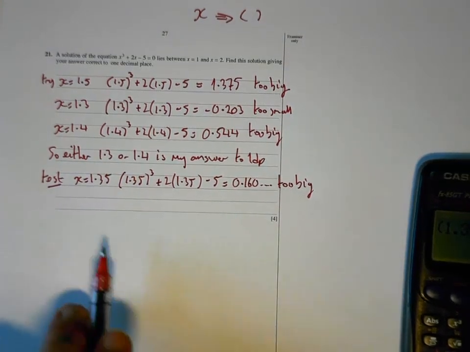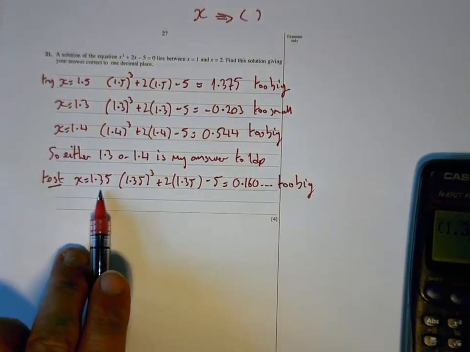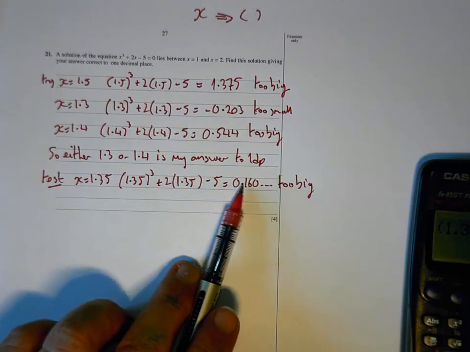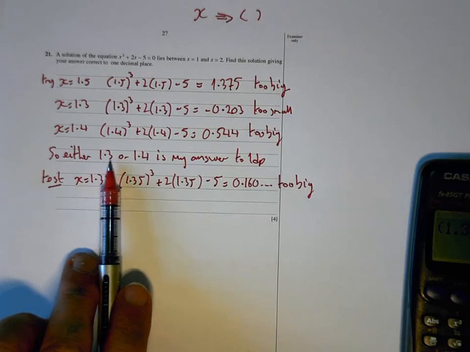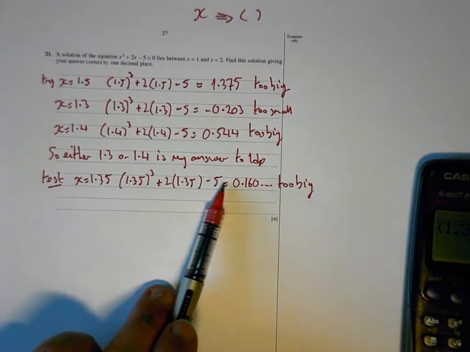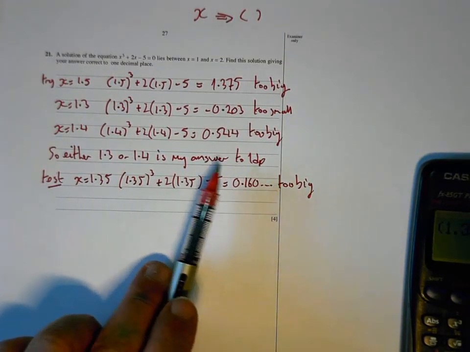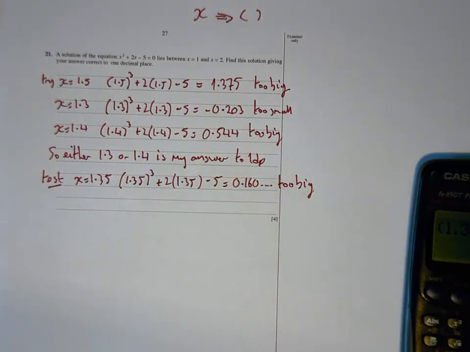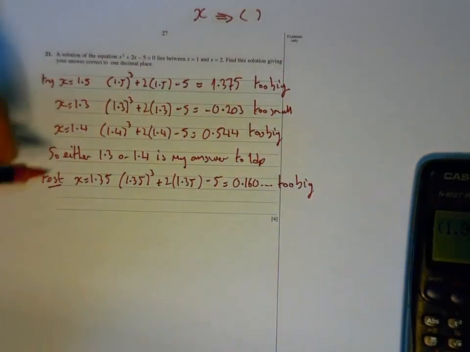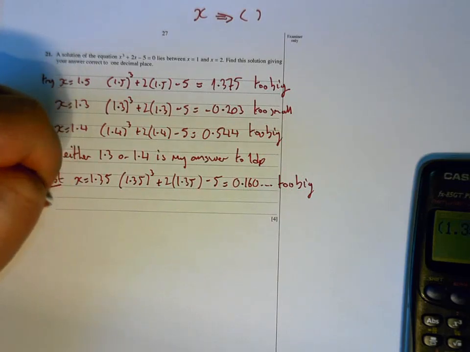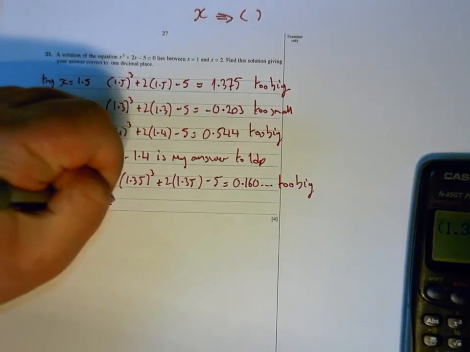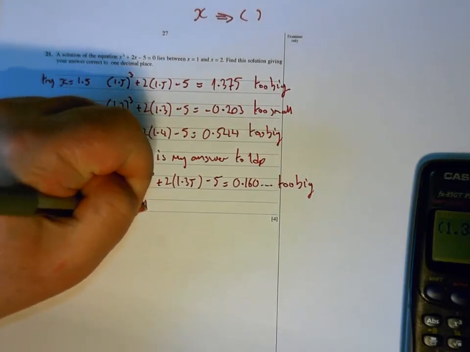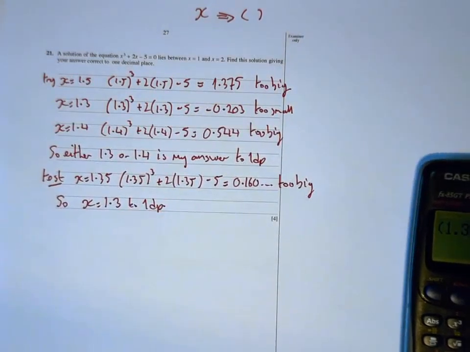So you do your test halfway. If that comes out to be too big, the answer is going to end up rounding to 1.3. If that came out to be too small, the answer would end up rounding to 1.4. So that's too big. So x equals 1.3 to 1 decimal place.